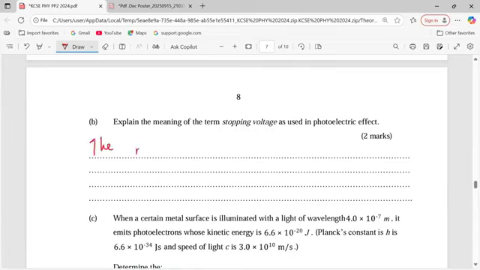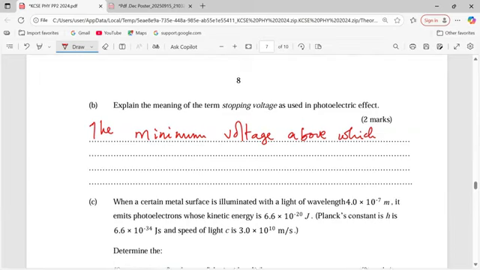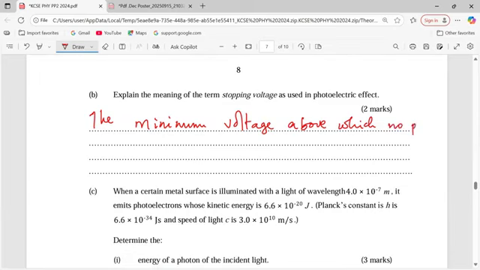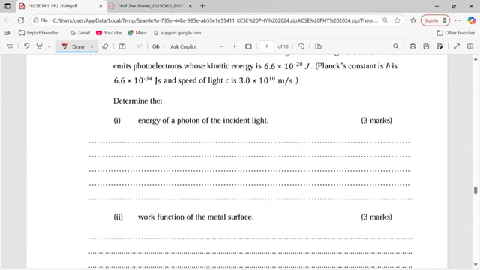The minimum voltage above which no photoelectrons can reach the anode.